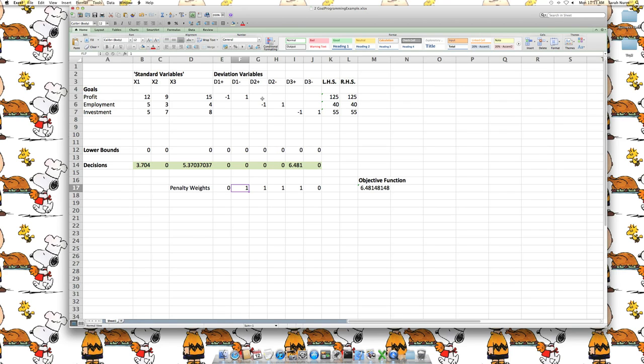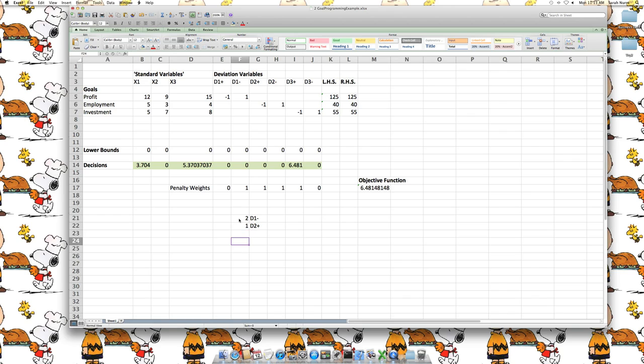If instead you said that a deviation of 2 for D1 minus was equal to a deviation of 1 for D2 plus, then you know here that the penalty weight on D1 minus has to be less than the penalty weight on D2 plus.